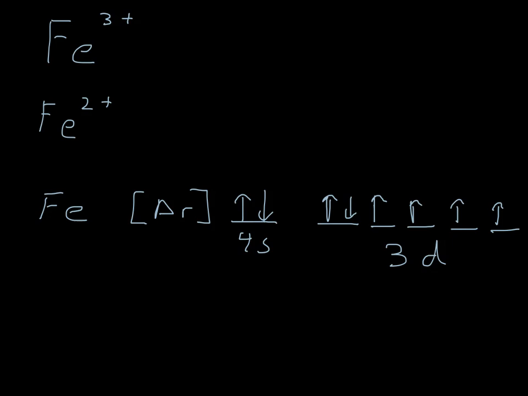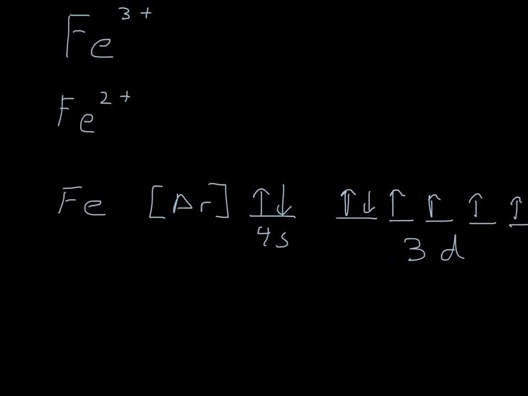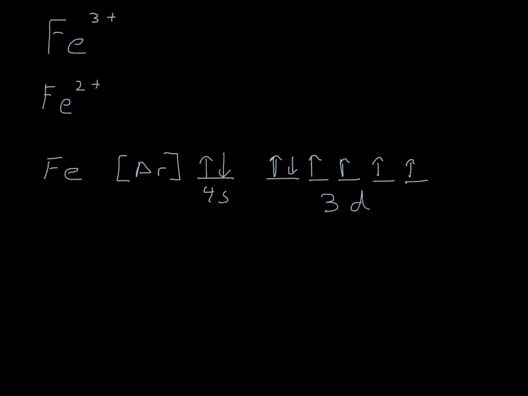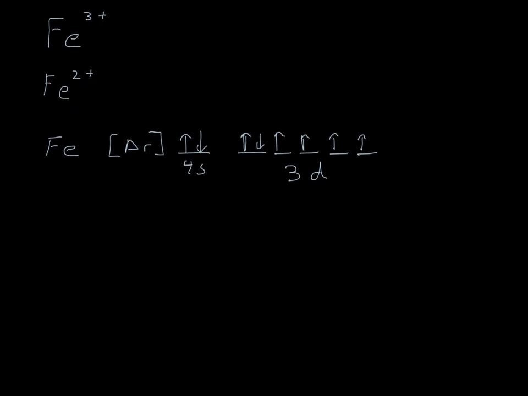Now, to obey the octet rule, all iron has to do is get its outermost s and p completely filled. The easiest way for iron to do that, remember that the octet rule doesn't say anything about the d's, so all iron has to do is get rid of those 4s electrons, and then it will have the same valence s and p as argon. So that's exactly what some iron atoms do.